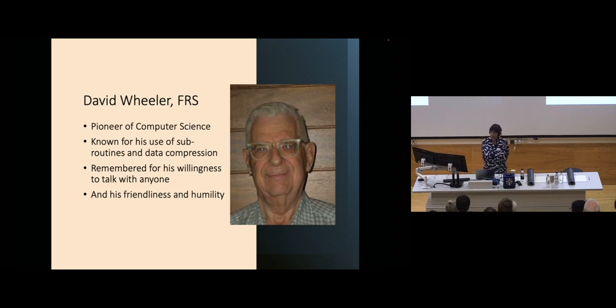He's remembered for his willingness to talk with anyone, and that's what Joyce said to me. He would talk to anyone at their level, whether a 3-year-old or a 90-year-old, and get them engaged. He was very friendly, and he had much humility. So my lecture is in honour of David Wheeler.